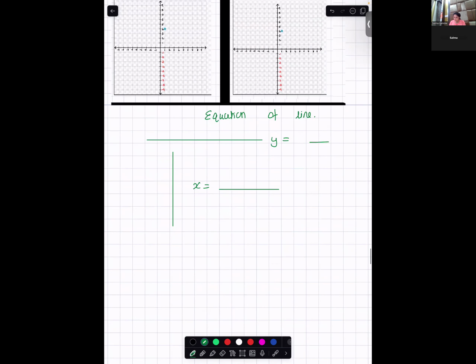The normal equation of a line is y is equal to mx plus c. This c will be the y-intercept, and this m will be the slope of the line.